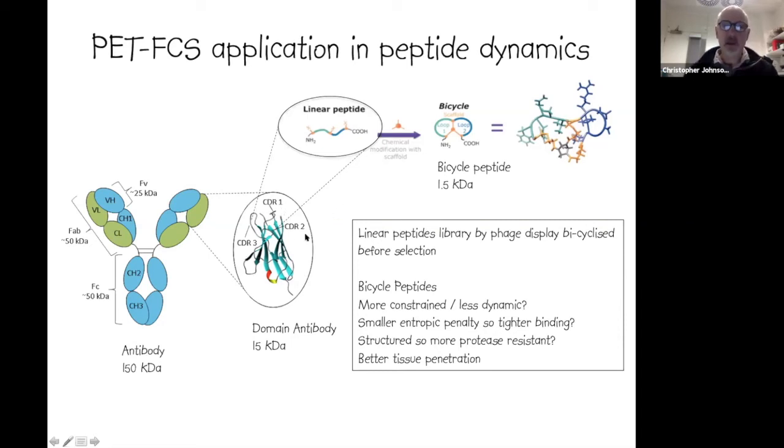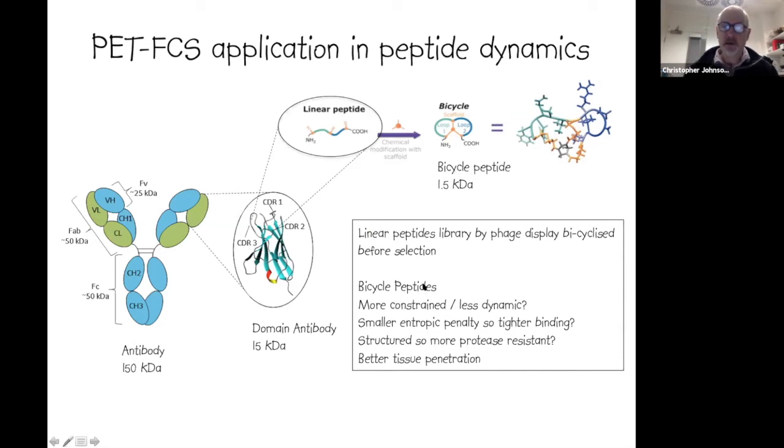And then eventually the actual CDR region was displayed as a cyclized peptide using phage display in a selection process, generating these bicycle peptides. And that's led to another company, Bicycle Therapeutics.